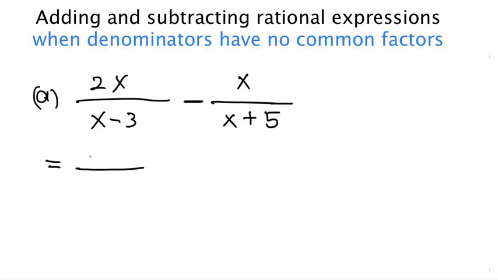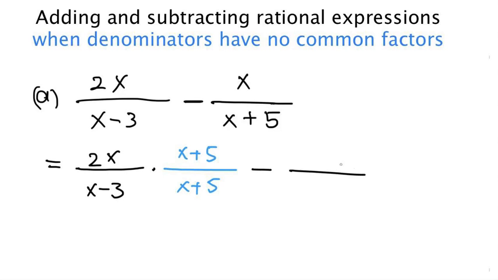So we're going to multiply the first expression, 2x over x minus 3, by x plus 5. And then subtract the second expression, x over x plus 5, and multiply this one by the denominator of the first expression, x minus 3.